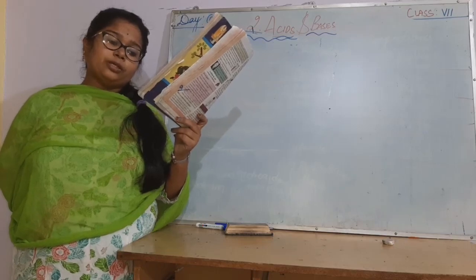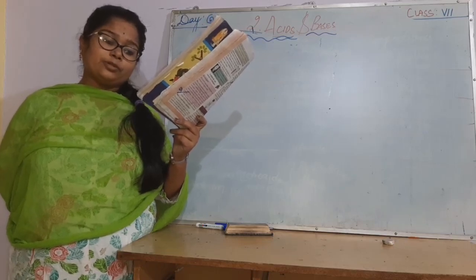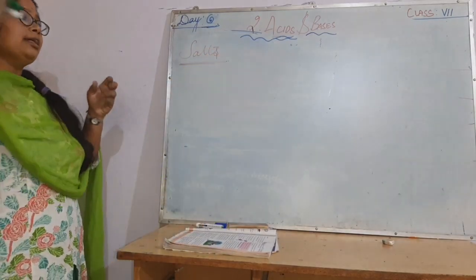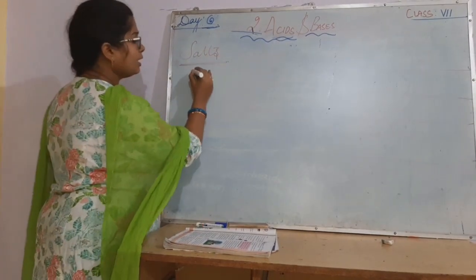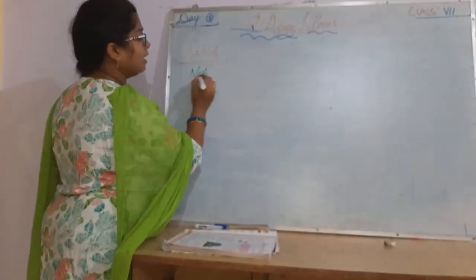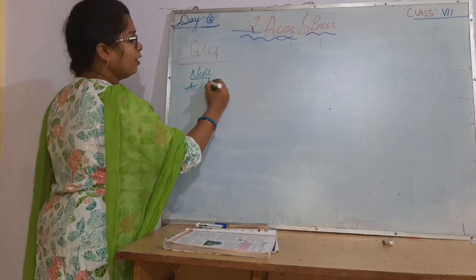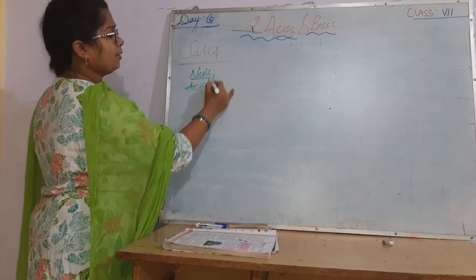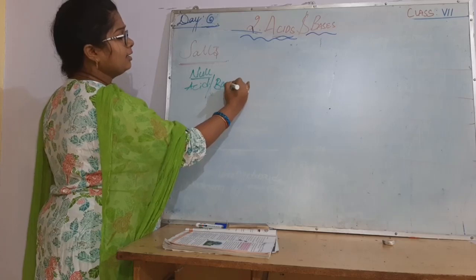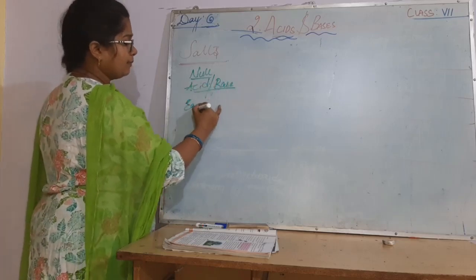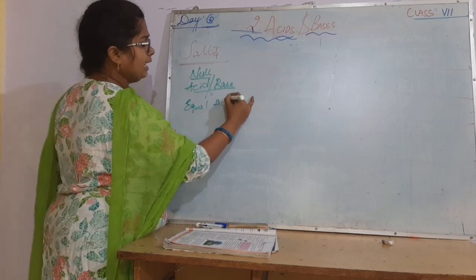So the production of the salt depends on the quantity of the acid and the base in a specific proportion. See, we have nullified the acid nature or base nature previously by adding equal amounts of acids and bases.